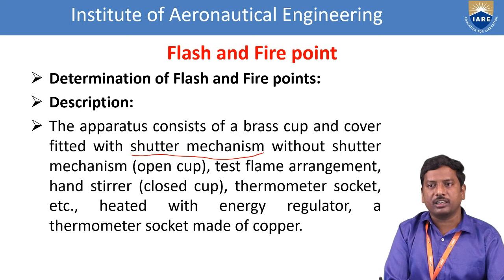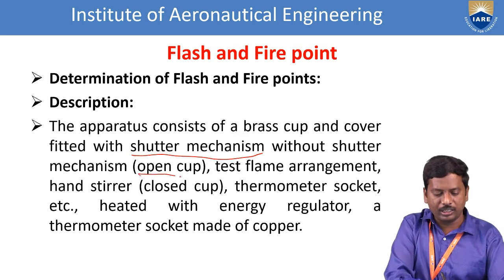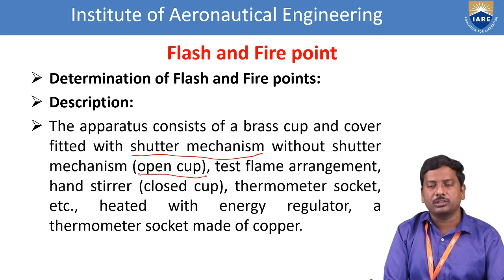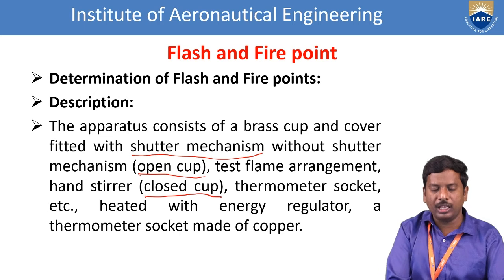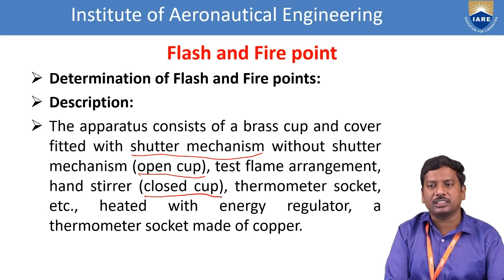Then there is the test flame arrangement and hand stirrer, especially in the closed cup, and a thermometer socket, heated with an energy regulator. The thermometer socket is made of metal, copper. So this is the description of the determination of flash and fire points.